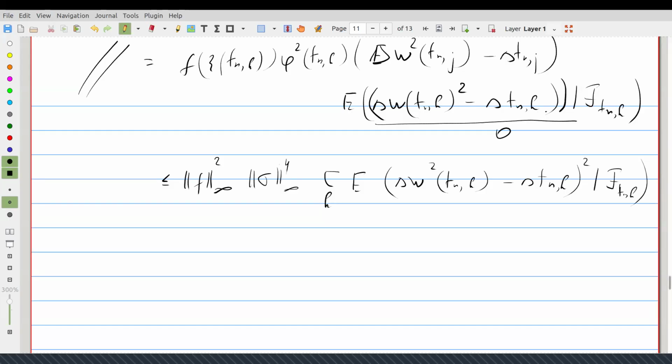This converges to zero as n goes to infinity. This finishes the proof of this lemma.